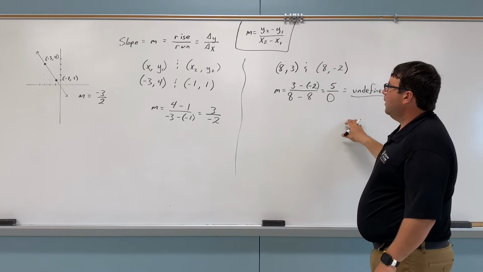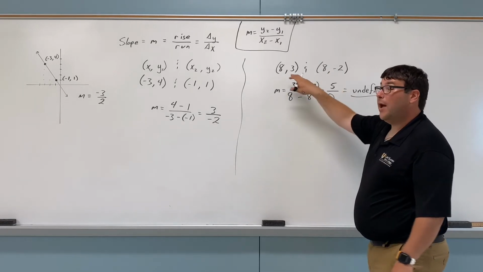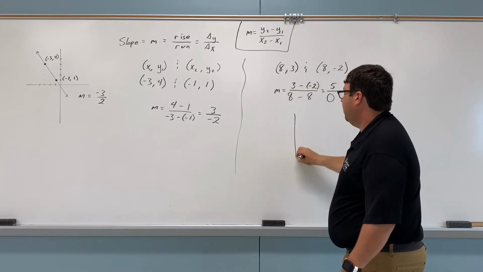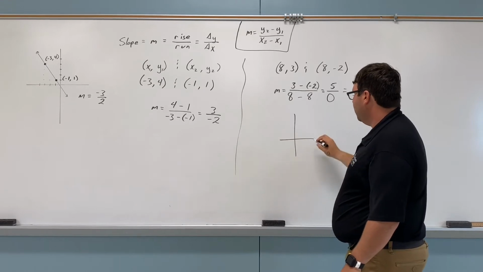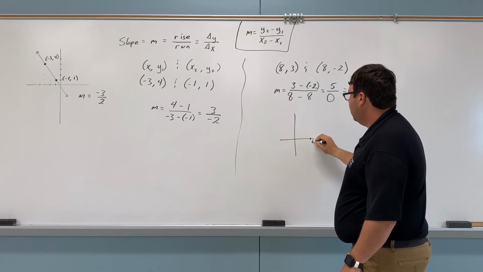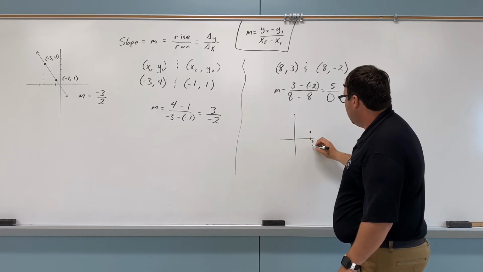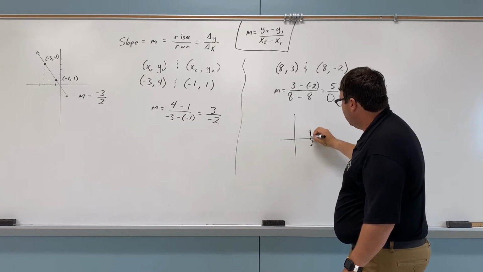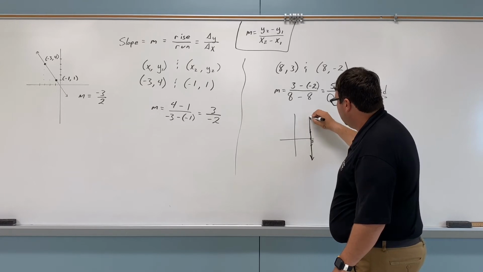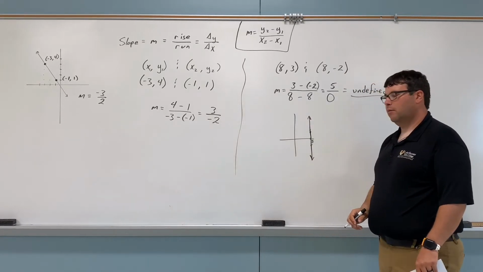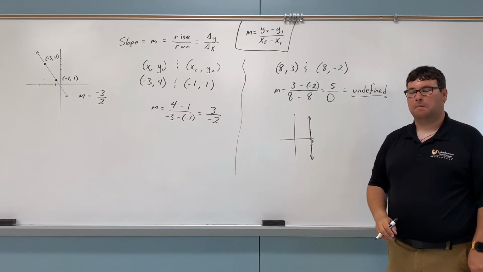What we're actually looking at, if you were to look at these points graphed, just as an FYI, and some of you may have seen this already, is that at (8, 3) you have a point, and at (8, negative 2) you have a point. You're dealing with a vertical line.